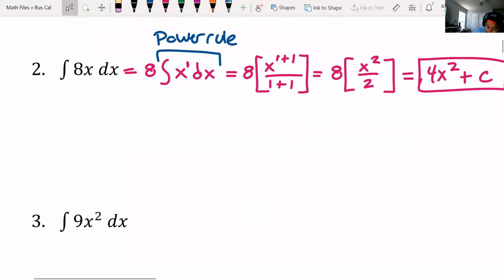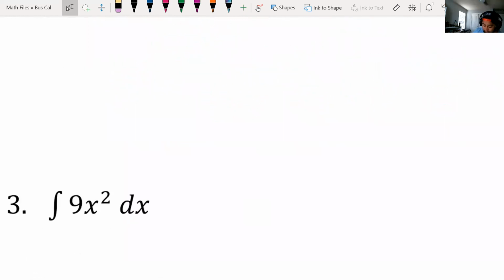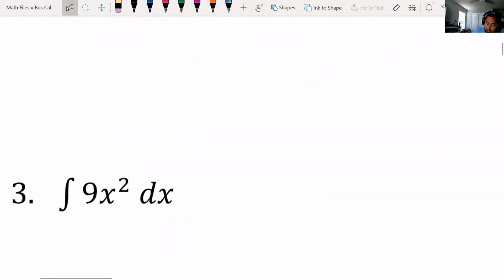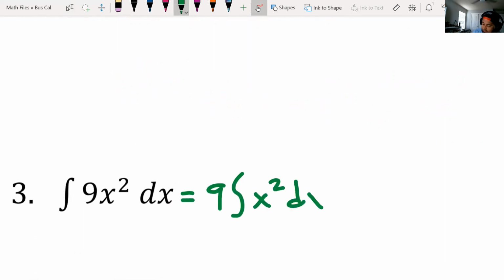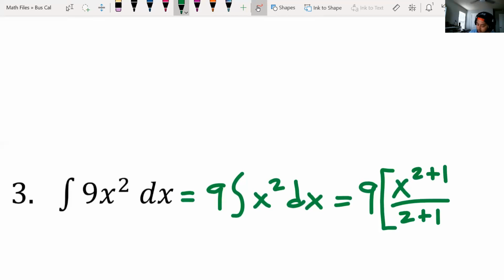All right. Number 3, just like the one above. The integral of 9x squared. So again, I'm going to rewrite it. Move the 9 out. Have the integral of x squared dx. And again, power rule. 9 times x to the 2 plus 1 over 2 plus 1.